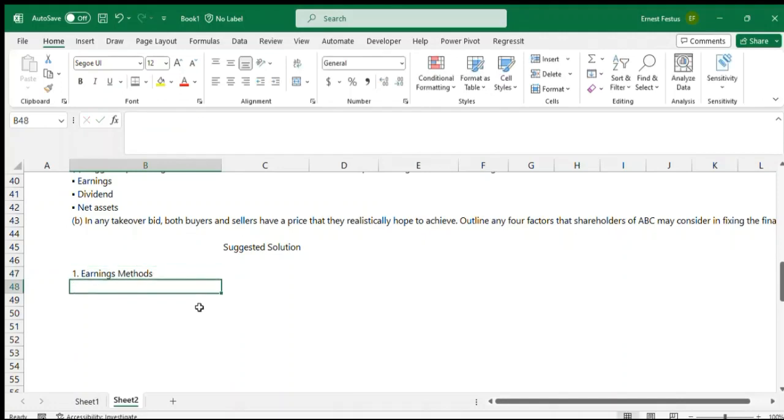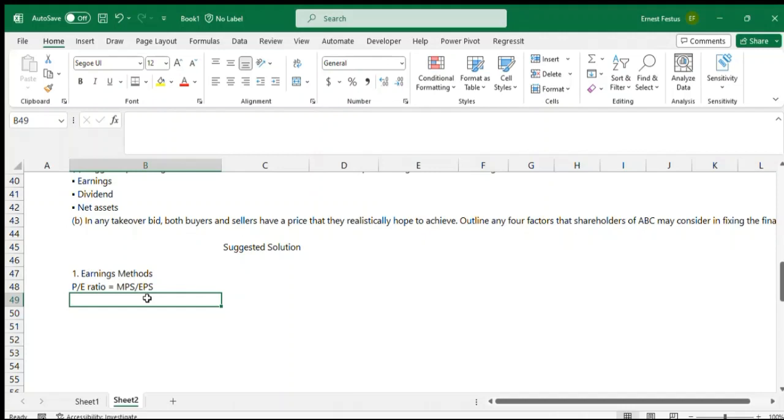So the earnings method, we are going to look at the PE ratio. From the previous video we got to know that the PE ratio is equal to our market price per share divided by the earnings per share, and we are interested in the MPS, the market price per share.